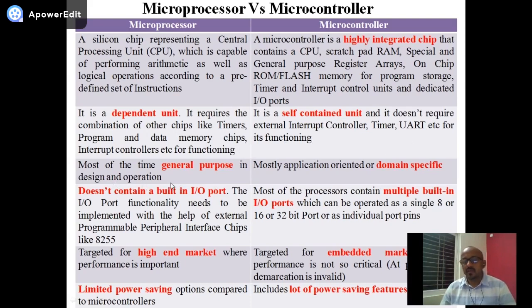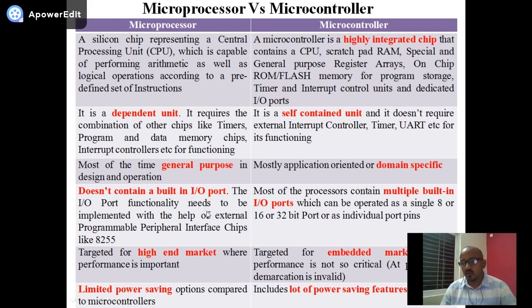Most of the time the microprocessor is general purpose, while the microcontroller is domain specific. The microprocessor does not contain a built-in IO port. So, if you want to extend the port, we have to use some external chip's help. For example, the 8255, that is the programmable peripheral interface chip, in the 8086.